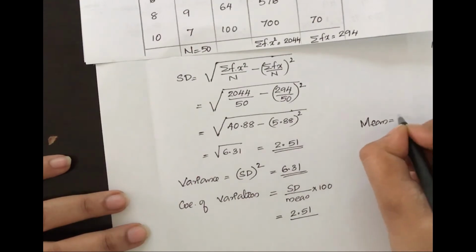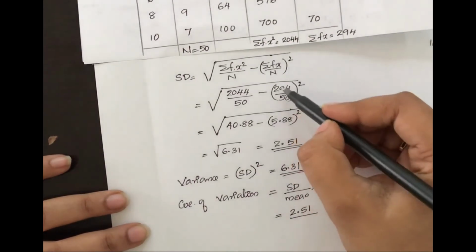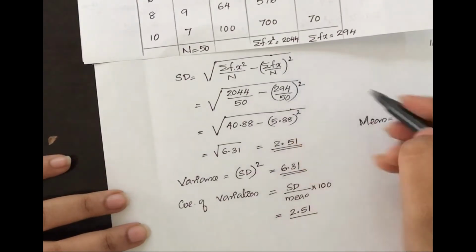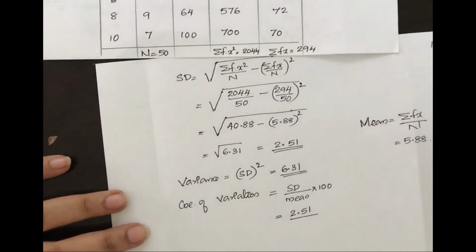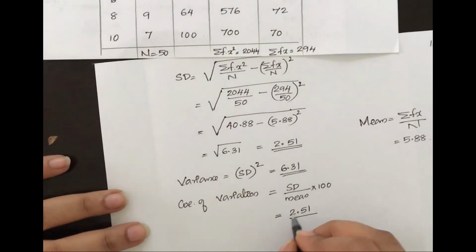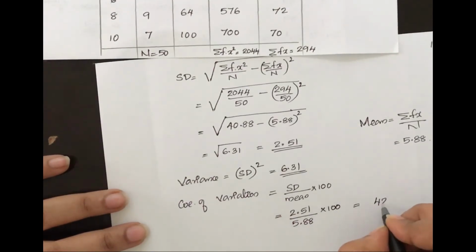Mean equal to summation fx by n, that we already found out. Summation fx by n, that is 5.88. So we got mean as 5.88. So substitute it in the equation. So we will get coefficient of variation as 42.68%.